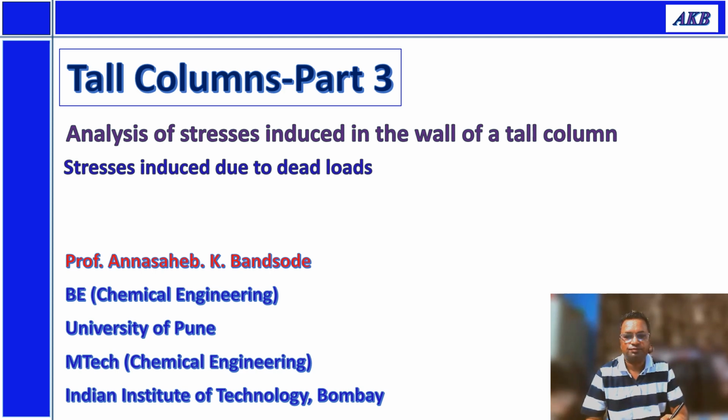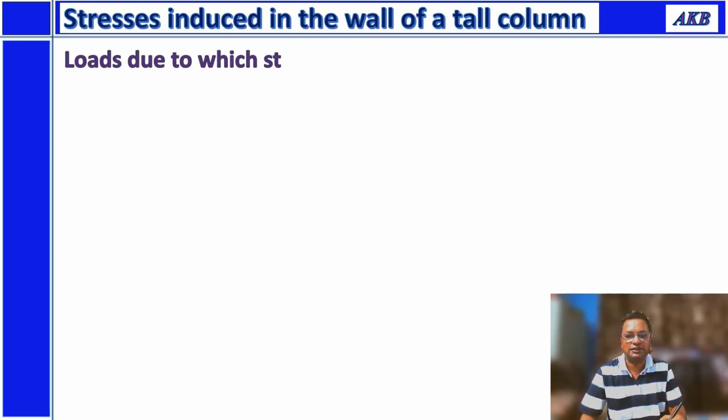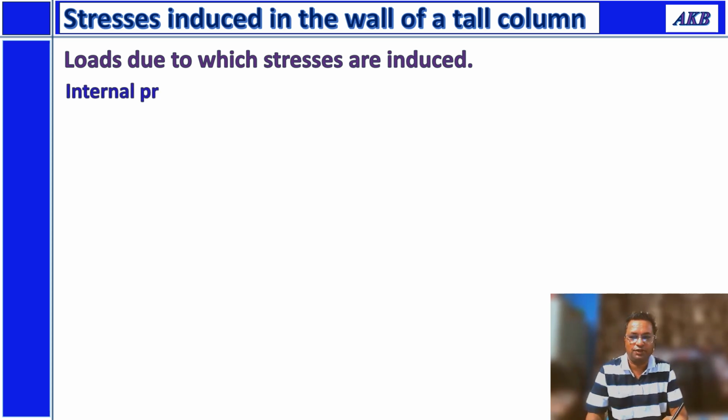For now, let us talk about stresses that get induced in the wall of the tall column due to various dead loads. To begin with, let us understand what are the loads that will induce stresses into the wall of the column.